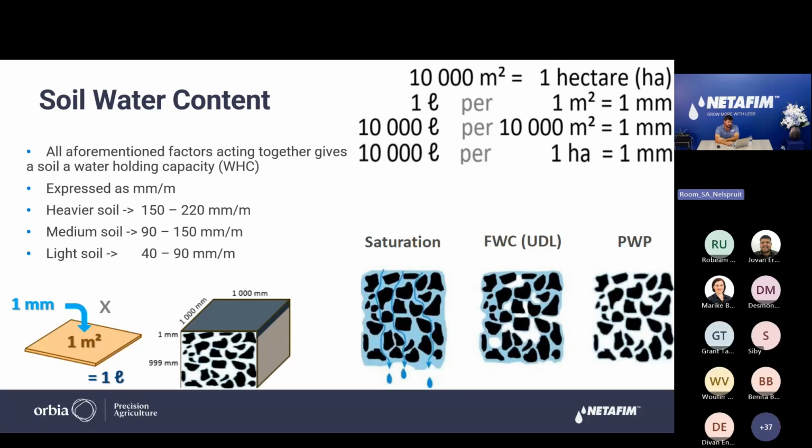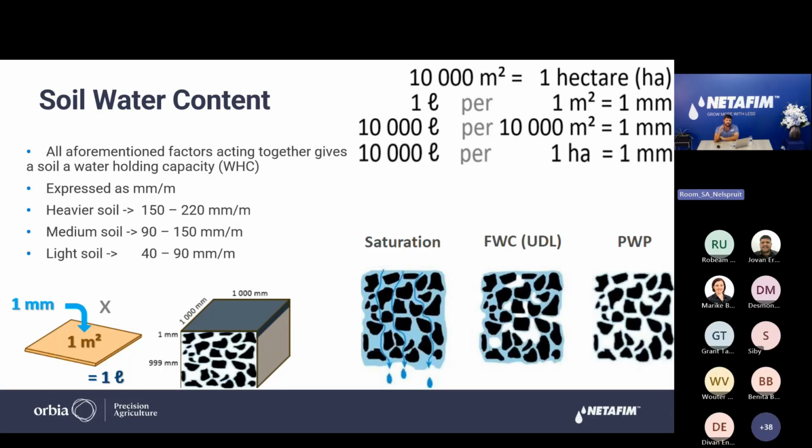So 1 millimeter on 1 square meter would be considered a liter. If you look at that millimeter per meter factor, this millimeter is actually a thickness layer. So 1 liter on a square meter will actually have a 1 millimeter thick layer of water.